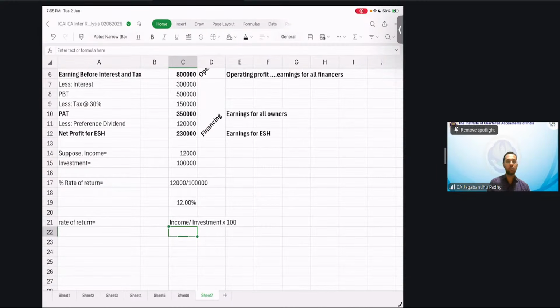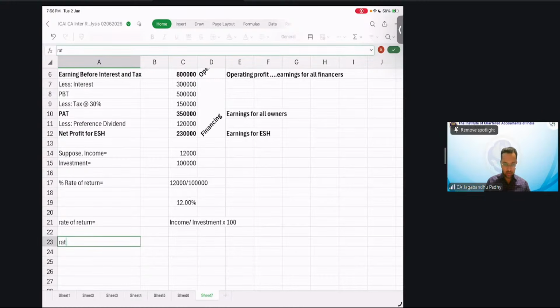Right? So now we are going to look for the rate of return for different financiers. So if I ask you, what's the rate of return earned by equity shareholders?